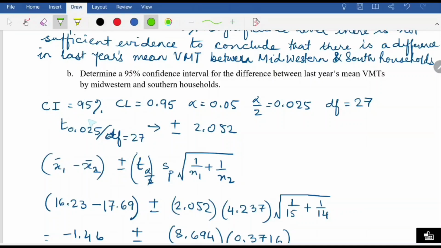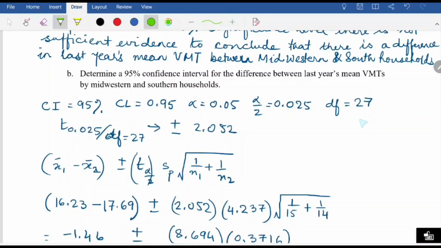Now, the confidence interval we are using is 95%. Confidence level is 0.95, which is the decimal version of the confidence interval. Alpha is 0.05, alpha by 2 is 0.025. For a confidence interval, you always have to split your alpha into 2 because the confidence intervals stretch on both sides of the center point.